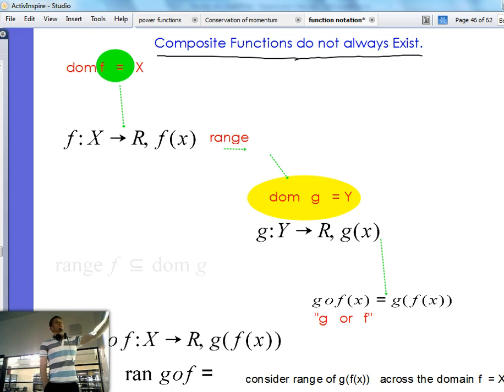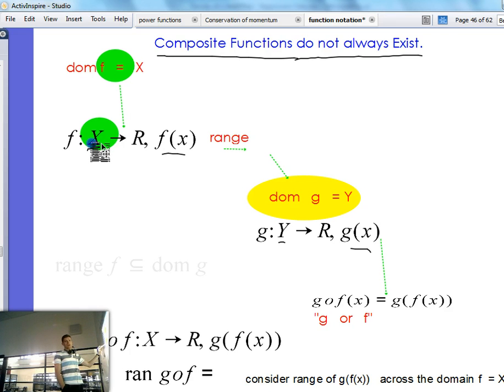So looking at this map, we're going to start with two functions, f of x and g of x, and f of x and g of x are fully defined and they have domains which define them. Okay, so let's just say our domain of f is this green circle, which we're going to label x here.